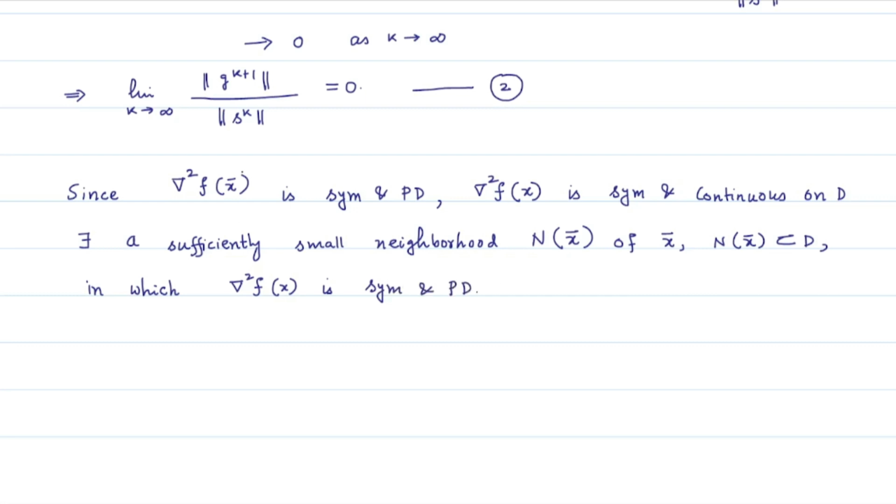This is due to the positive definiteness of this matrix at the point x bar and continuity of this Hessian matrix at each and every point inside this N of x bar, inside the set capital D.